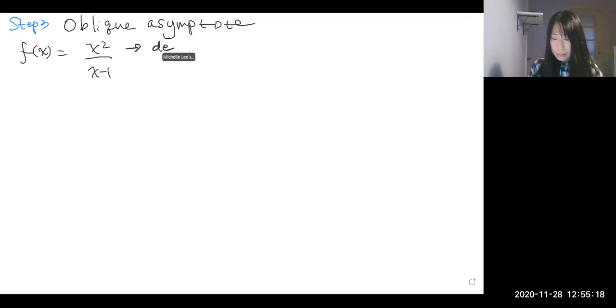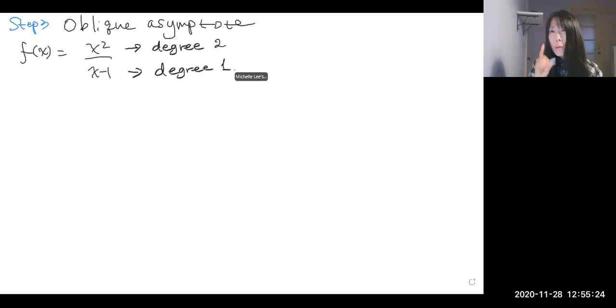Degree 2, and this is degree 1. So the degree of the numerator is 1 degree greater than the degree of the denominator, right? But then how do we find the oblique asymptote, right? We're going to use polynomial long division.